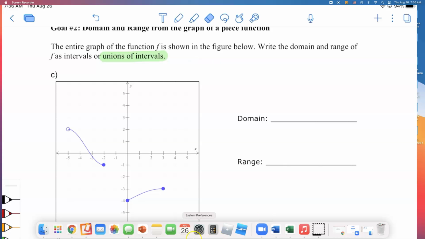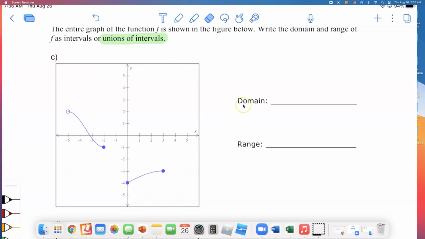Here's the first one. So if you're reading the domain, we're looking at the possible x values, or in this graph, how far does each of these pieces go to the left and how far does it go to the right? Because domain is about possible x values, and x values are the numbers on the horizontal x-axis, right? So let's take a look.